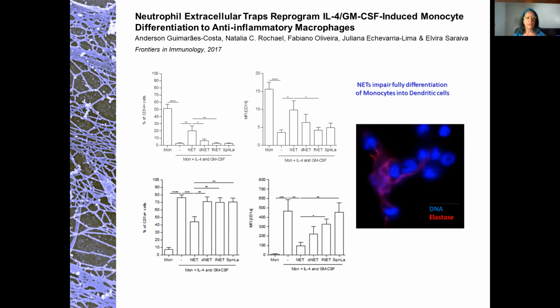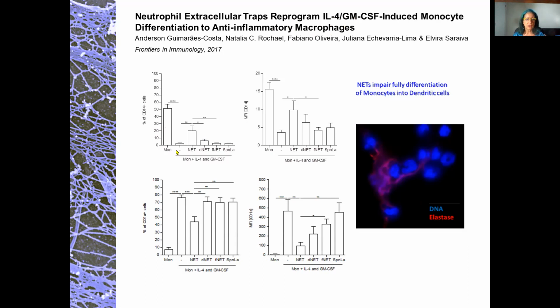So there is a very well-established protocol, and I'm talking here about human cells. You can differentiate monocytes that you purify from the blood into dendritic cells if you cultivate these monocytes with two cytokines, IL-4 and GM-CSF.